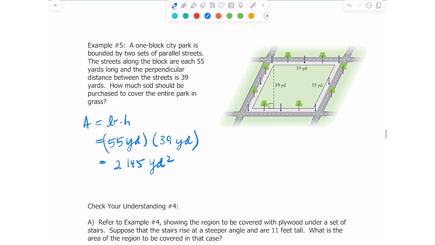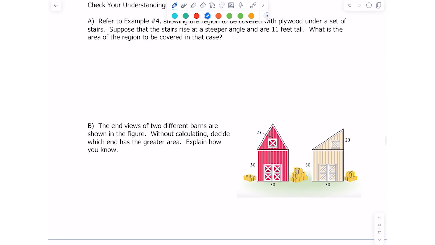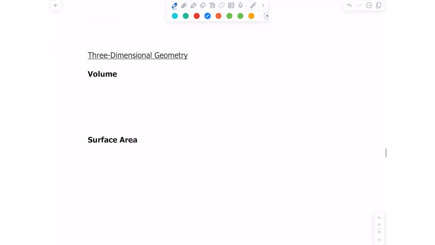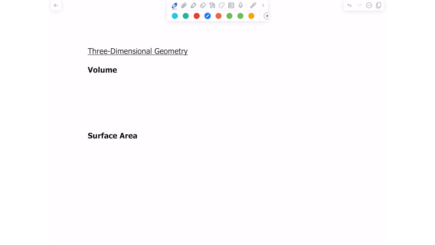The next couple problems are check your understandings, which you can try from practicing the examples we did. Let's talk a little bit about three-dimensional geometry. So what we just dealt with was two-dimensional. When we're dealing with three-dimensional geometry, we're looking at volume and surface area. So what is the difference?